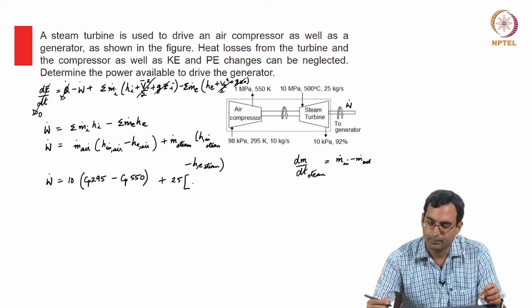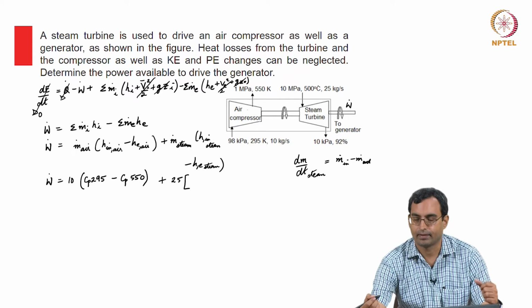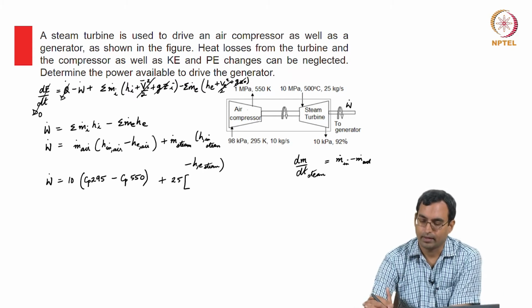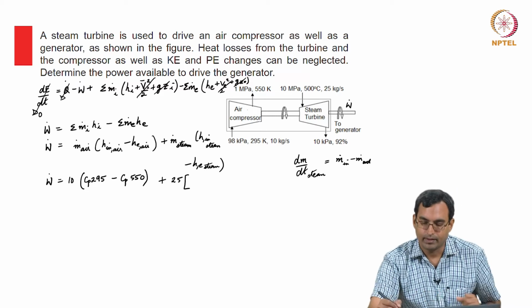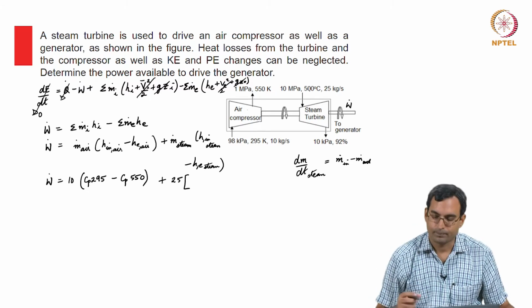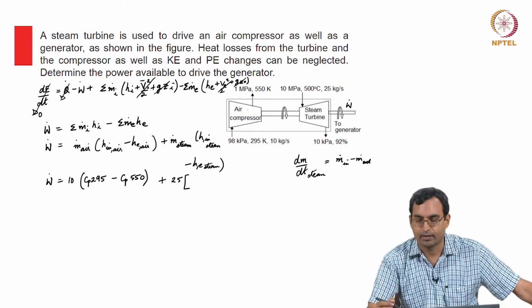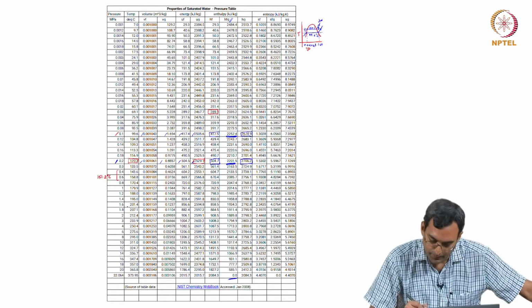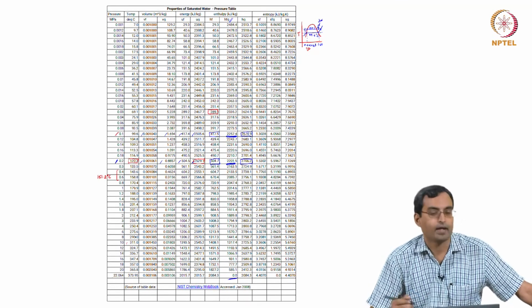I have enthalpy at the inlet is 10 megapascal and 500 degrees centigrade, outlet is saturated at 10 kilopascal and 92%. So, I need to find out what is the value of enthalpy of steam at this condition. So, 10 megapascal and 500 degrees centigrade. If I look at 10 megapascal here, the saturation temperature is 300, 500 is greater than that.